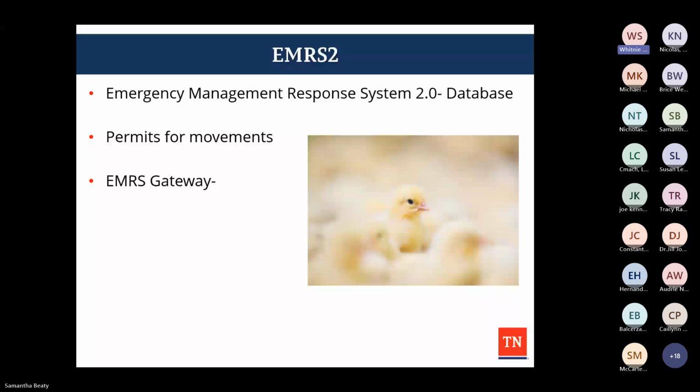And there is a way for producers or companies to gain access to what's called the EMRS Gateway. So you don't get access to the entire database, but you essentially can have access to a portal system that's specifically for doing permitting, so requesting those permits. Next slide, please.